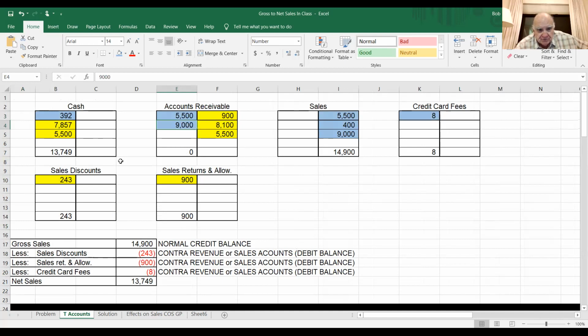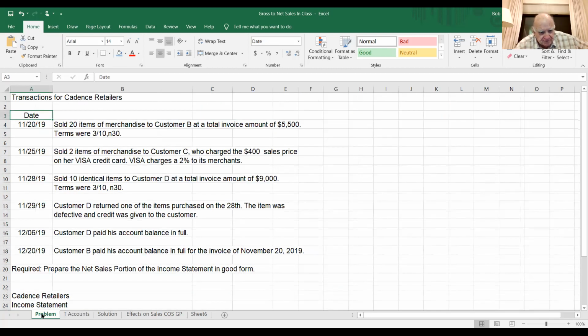It's for 900, not 9,000, because he's returned only one of the $900 items. That goes up to reduce overall net sales. Accounts receivable goes down. This person doesn't owe us that $900 anymore. They returned it.